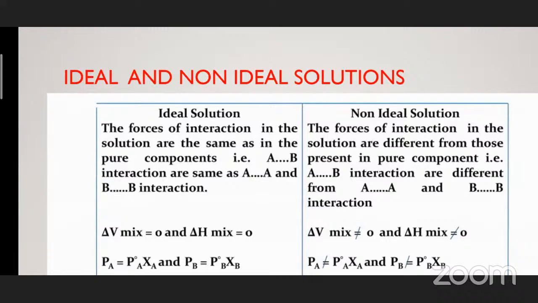So in the substance A itself we have AA interactions, and in the substance B we have BB interactions. Now I am preparing the solution by mixing A and B. After we mix A and B, the interactions are the same as those of AA and BB.